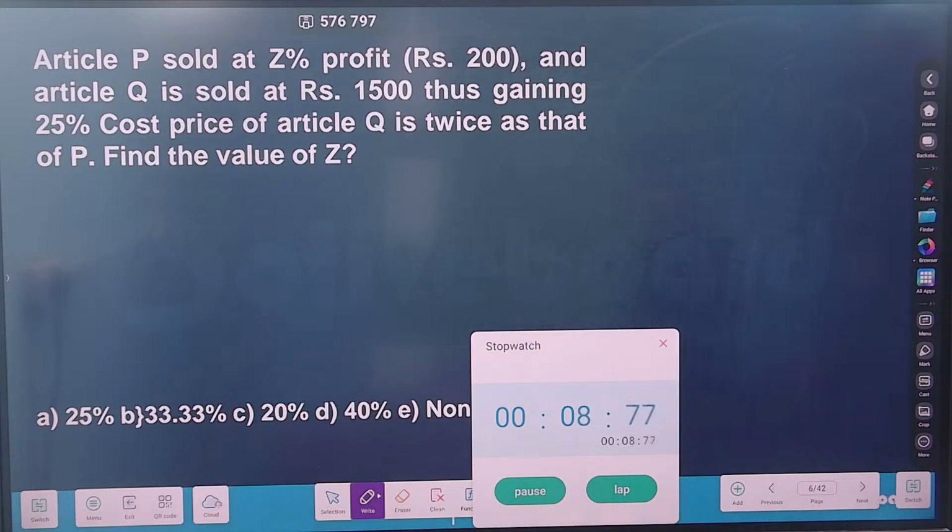I have given you the timer. So come on, solve. And I would request you to please share the session to everyone. So come on, guys, try.